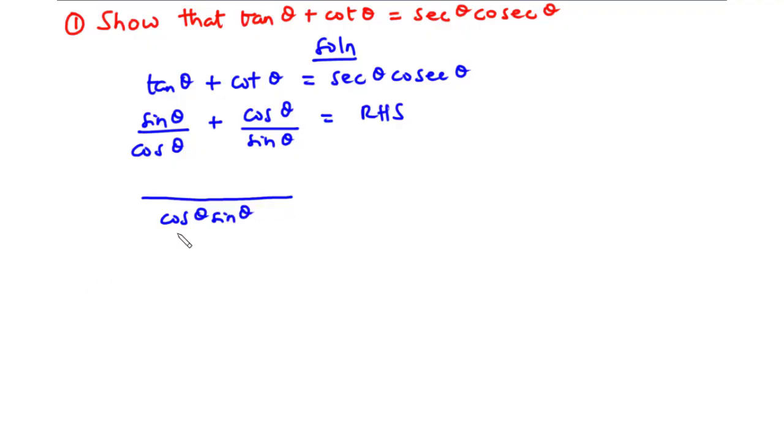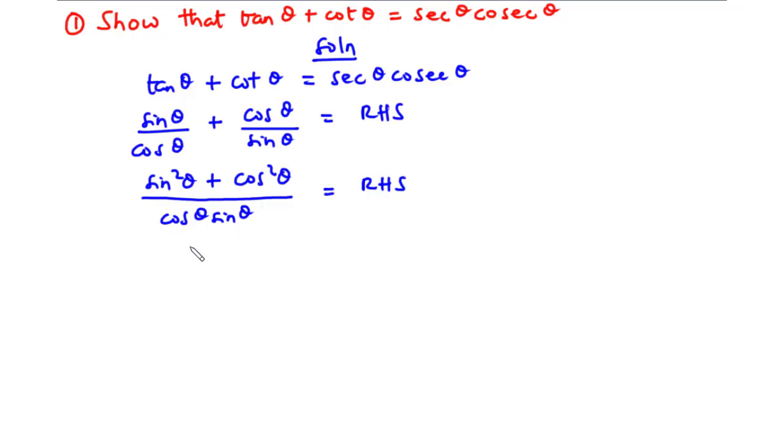Now when you divide cos theta sin theta by cos theta, you'll be left with sin theta, and then you multiply by sin theta, and then you have sin squared theta. Plus cos theta sin theta divided by sin theta is equal to cos theta, so cos theta times cos theta is equal to cos squared theta.